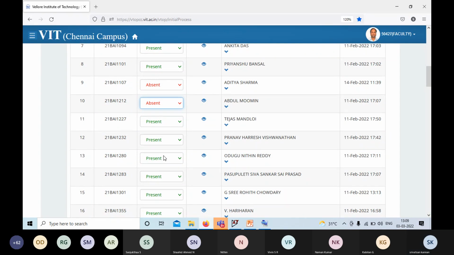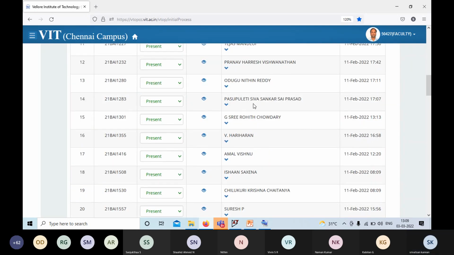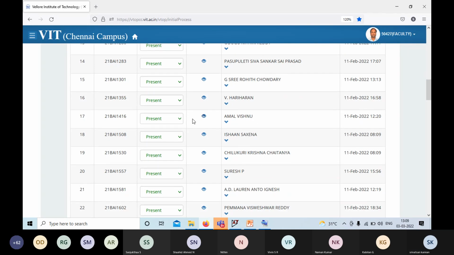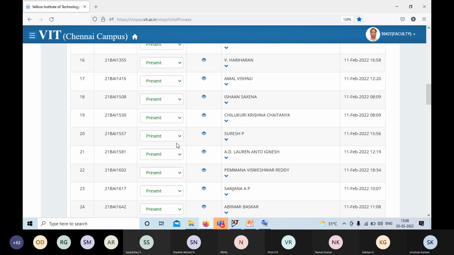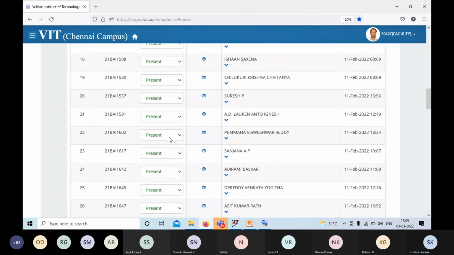Tejas, present, sir. Pranav Arish, present, sir. Nitin Reddy, present, sir. Shankar Sai Prasad, present, sir. Sri Rohit Chaudhary, present, sir. Hariharan, present, sir. Amal Vishnu, present, sir. Ishan Saxena, present, sir. Krishna Chaitanya, present, sir. Suresh, present, sir. So tell it later.